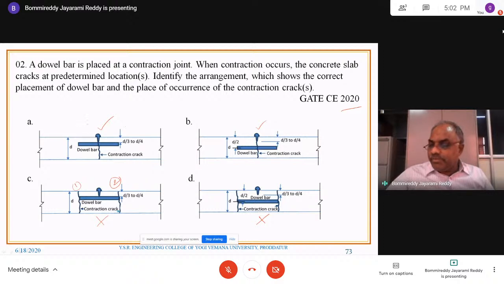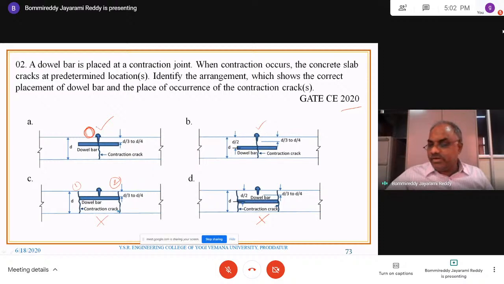And you know, the main purpose of it will be to distribute the load. When the load is coming onto one slab, it has to transfer effectively to the other slab, and that is possible only when you provide the reinforcement at the top level. When you provide the reinforcement at the middle or even below the middle, there is no possibility of transferring the load from one to the other.